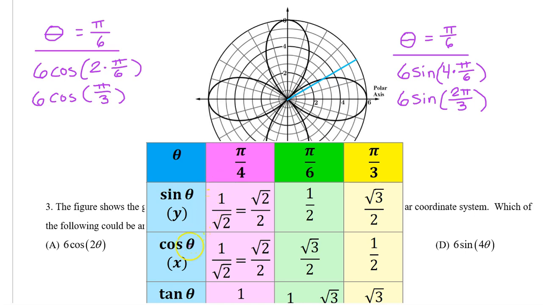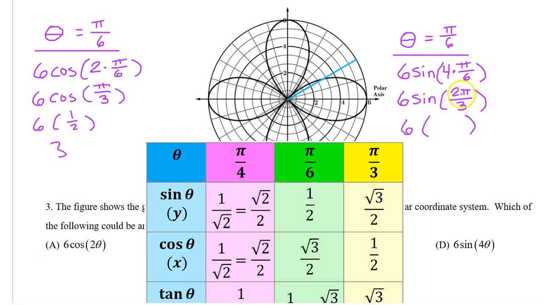We have memorized that the cosine of pi over 3 is 1/2. So option A becomes 6 times 1/2, which is 3. On the polar grid at pi over 6 radians, an r value of 3 would be right here. And there is a value of f of theta at this point. So A is still an option.